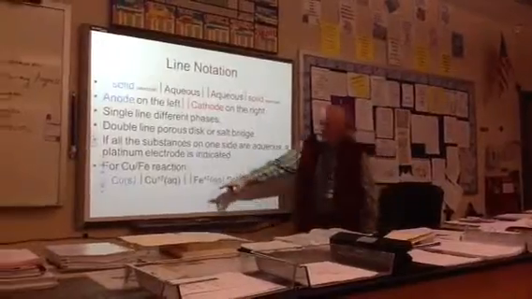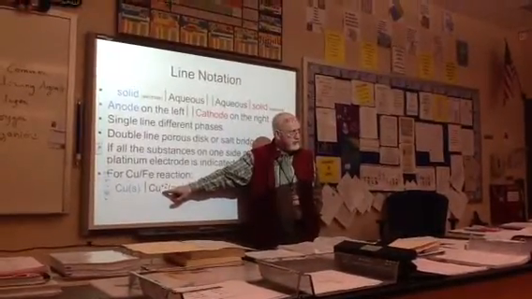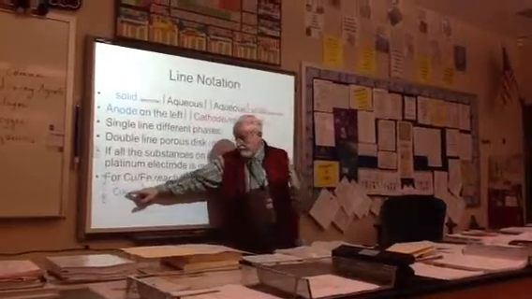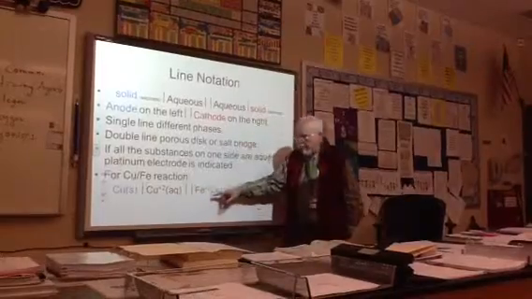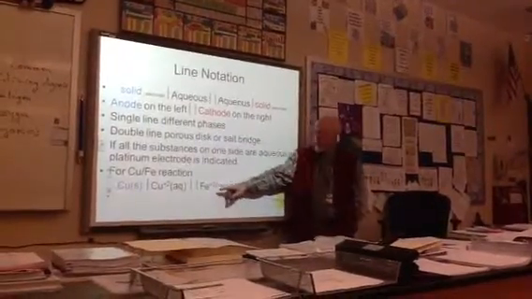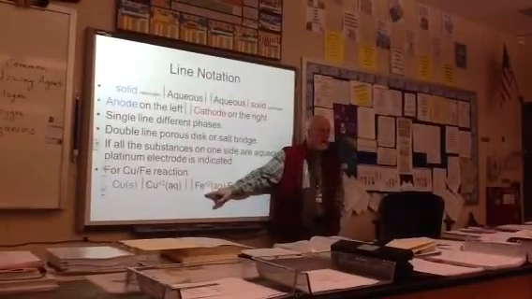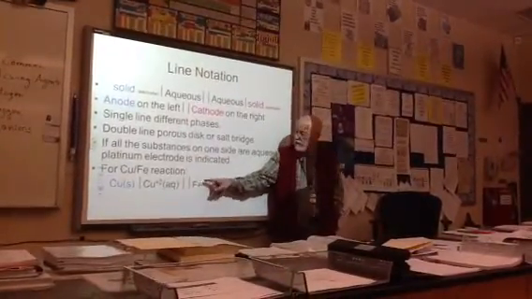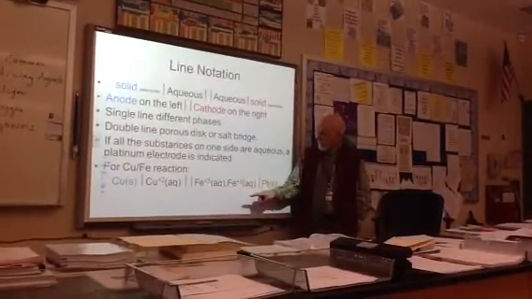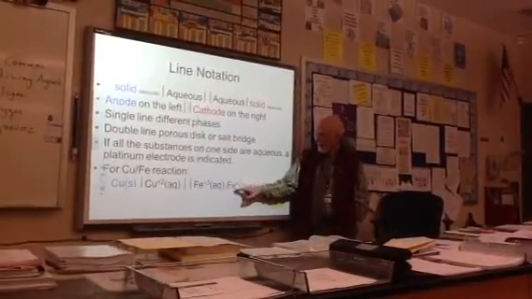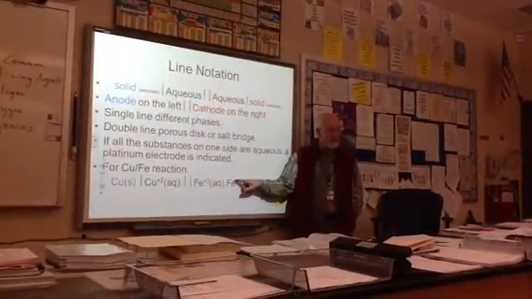So in the example down here, I've got copper plus 2 aqueous. So this is in the solution. And then my electrode here, the anode, is copper solid. And then here's my salt bridge. And for my cathode, I have iron something, could be iron nitrate, iron sulfate, or whatever, in the solution. The cathode is not going to be iron plus 3, because iron plus 3 is an ion.